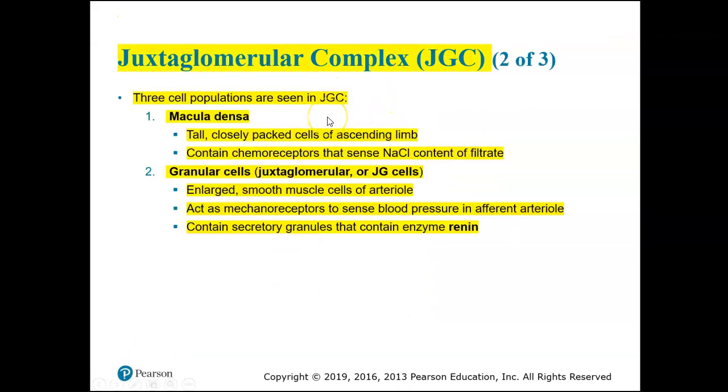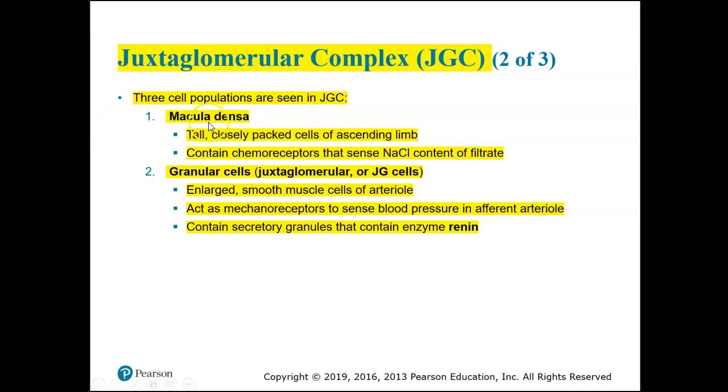Okay, there are 3 cell populations in the juxtaglomerular complex. We'll look at a picture in a minute, but the juxtaglomerular complex is basically where the DCT comes up through the afferent and efferent arterioles. You'll just have to see a picture of that to see what I mean.